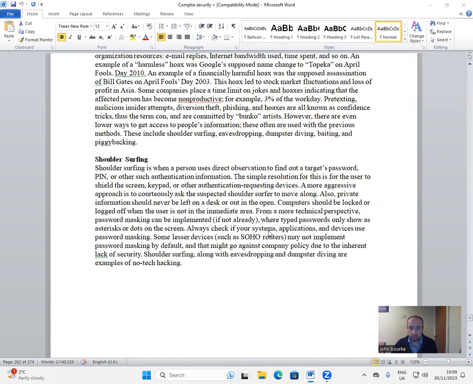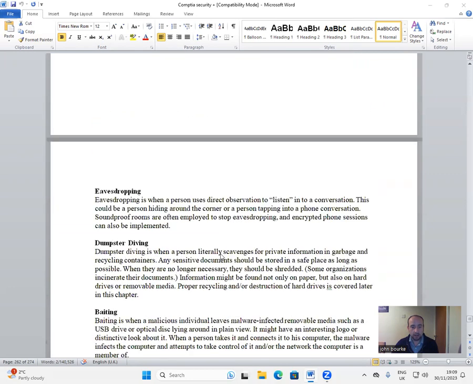Always check if your system's applications and devices use password masking. Some lesser devices such as SOHO routers may not implement password masking by default, and that might go against company policy due to the inherent lack of security. Shoulder surfing, along with eavesdropping and dumpster diving, are examples of no-tech hacking.